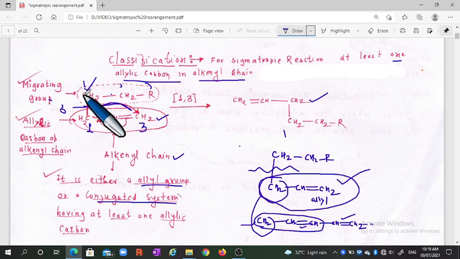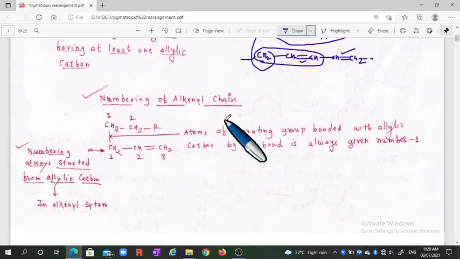And from here we give the numbering 1, 2, and 3. From this position there is migration to that carbon, and that's why we have given the name 1,3 position. From one position your sigma bond is migrated to the other pi bond. That way we can define such a reaction as a sigmatropic reaction, where the sigma bond is actually migrated.